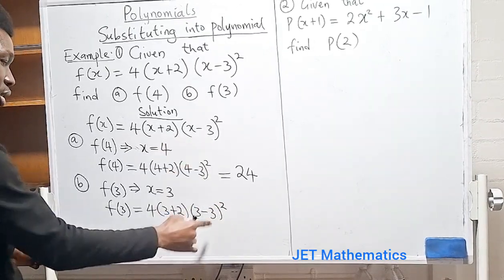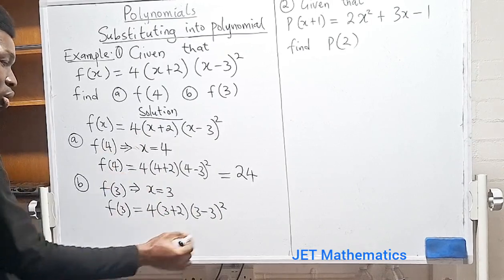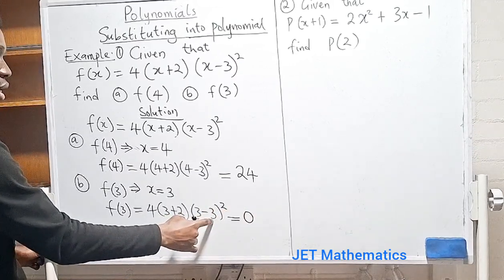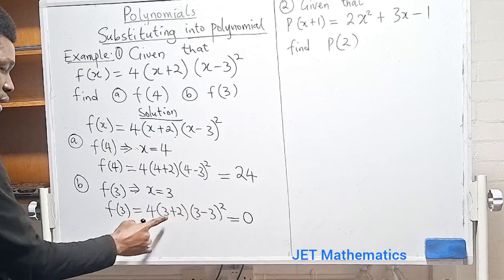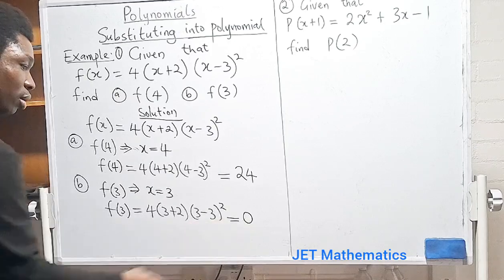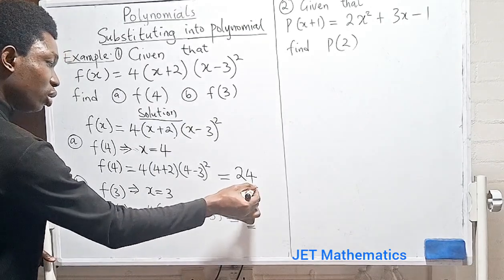You discover that this will go to 0, because 3 minus 3 is 0, 0 squared is 0, 0 times this is 0. So at the end of the day, we have 0 here, while the first one is 24.